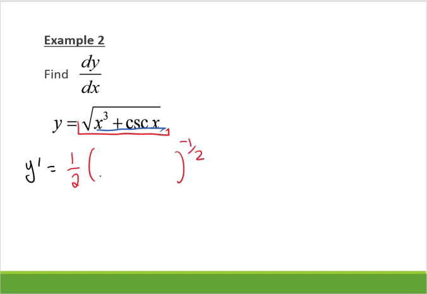My inside function is x cubed plus cosecant x. Then I have to take the derivative of the inside function, which is 3x squared. Derivative of cosecant is the negative cosecant x cotangent x.